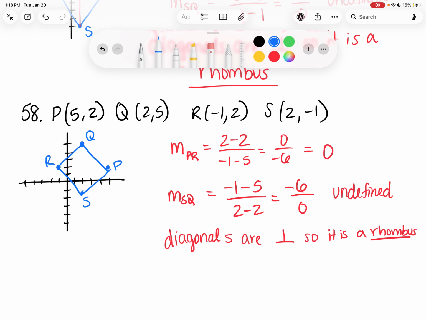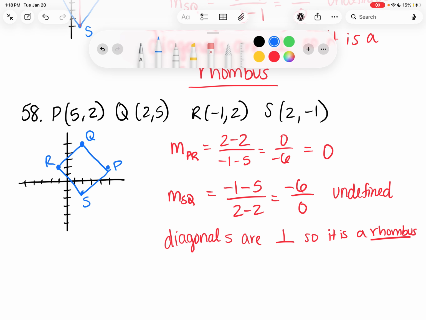So, after looking at the diagonals and showing that they're perpendicular, the next thing I'm going to do is look and see, are they congruent or not? I can go back on the last one and we can look at this too, but it won't really matter for that one. But if you notice, the y value of R and P are both the exact same thing, right?